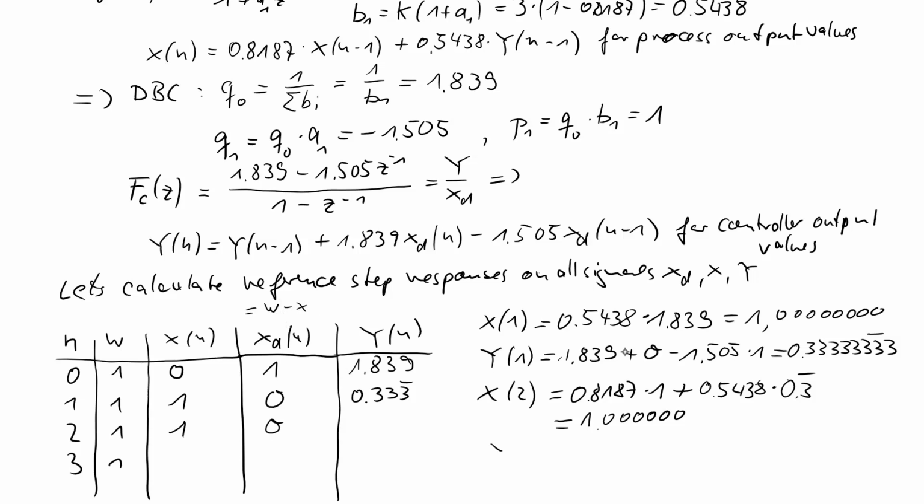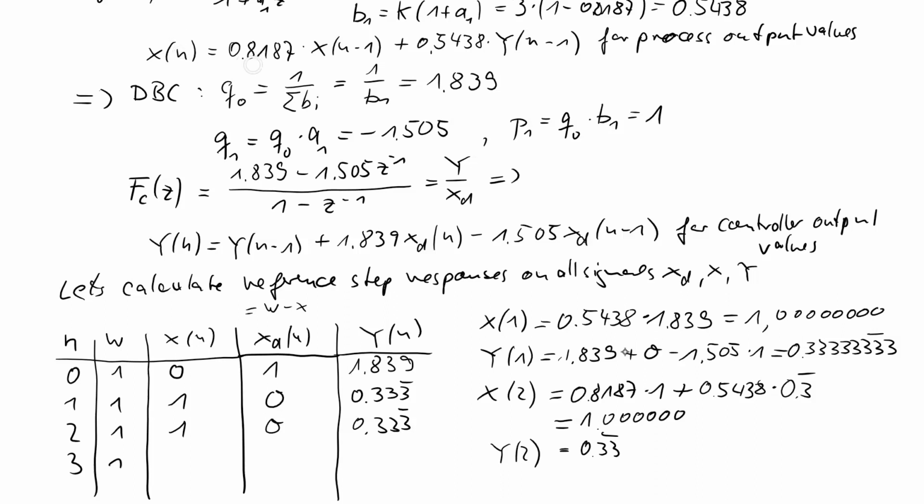And y of 2 can be calculated. y of 2 is y of 1, which is 0.33 period, plus 1.8 times xd of actual value, which is 0, minus 1.5 times xd one step before, this is also 0, so this stays at 0.333 period. And you see there will be no change for the next steps.